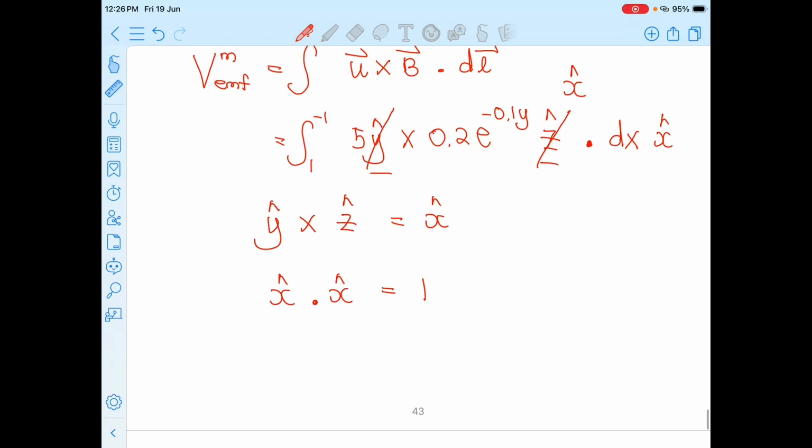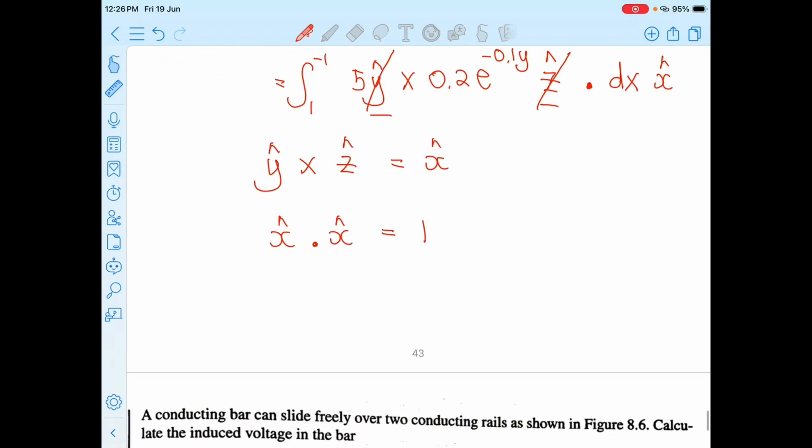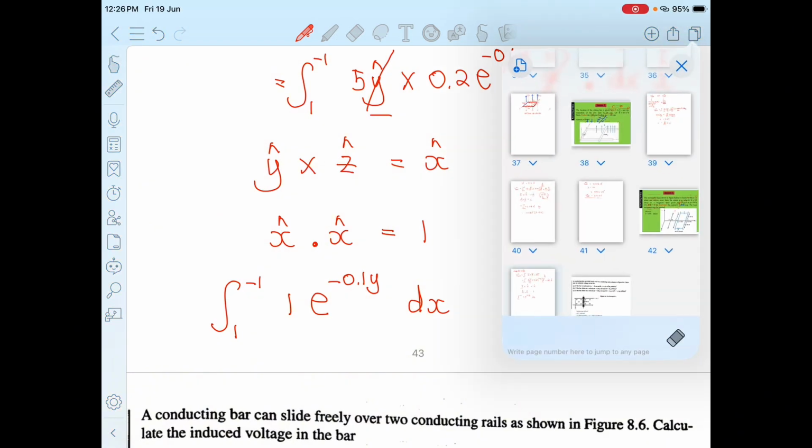So let us rewrite our integration: from 1 to -1, 1 multiplied by e to the power -0.1y, dx. There are no more unit vectors.